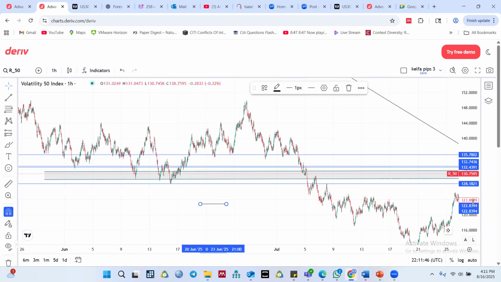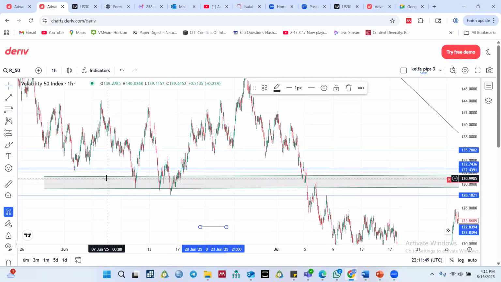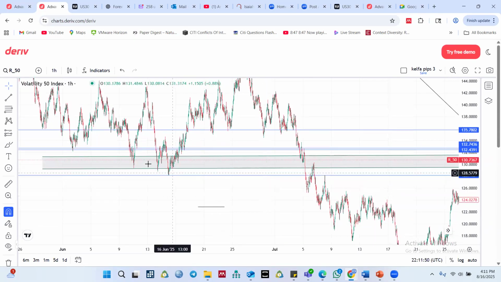So though I have the zone, I've placed a zone. I've also placed two lines, one up here and one up here. So this whole space is that support zone.